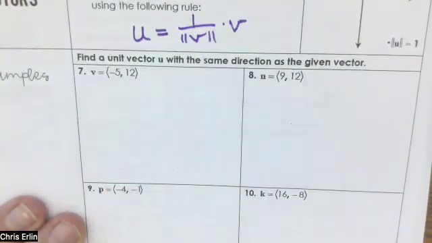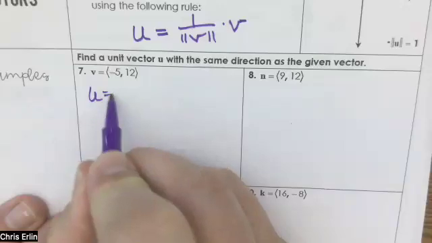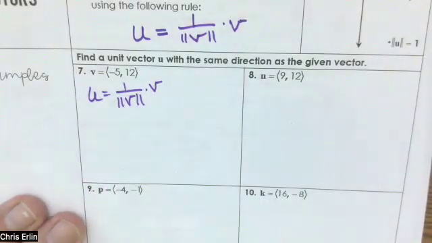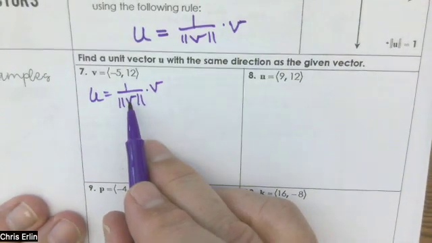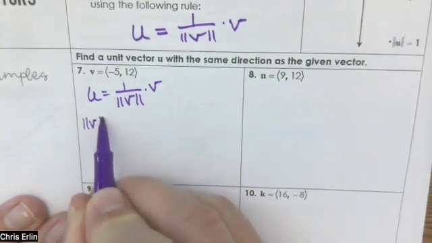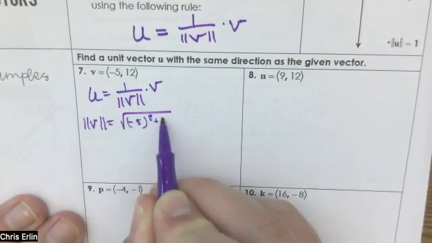Let's take a look at number 7. If we want to find the unit vector, we know it's 1 over the magnitude of v times v. So what do we need to find first? Magnitude of v, which is square root of -5 squared plus 12 squared.